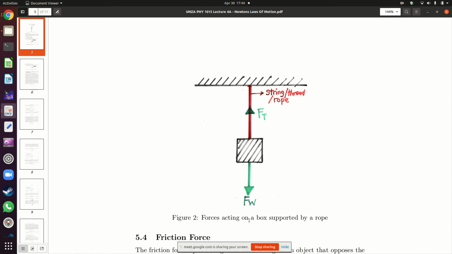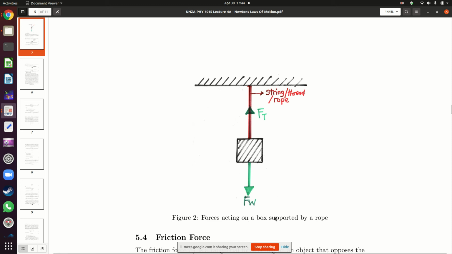The reason it makes sense to choose down to be positive is that the velocity of the box tends to increase as you go down. If the velocity is increasing, it means that there is a net force, or a resultant force, in that particular direction.